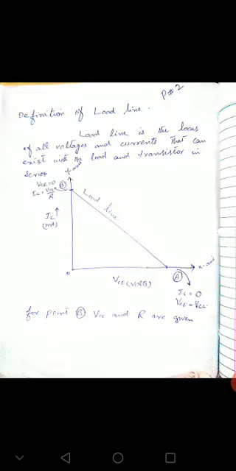Now we come to the drawing of load line. As shown in the diagram, IC is taken on y-axis and VCE is taken on x-axis. IC is a large current, so it is taken in milliamperes.